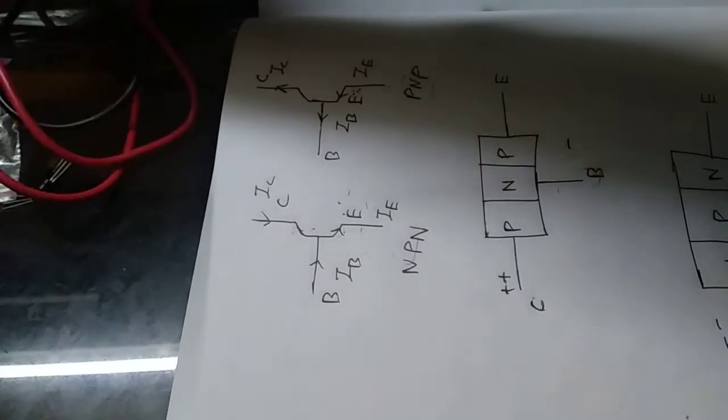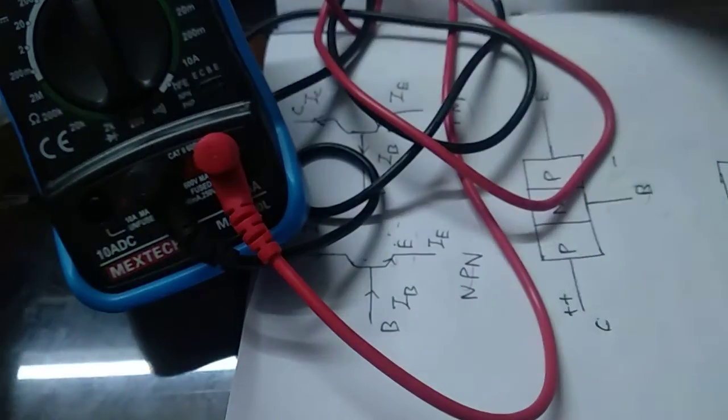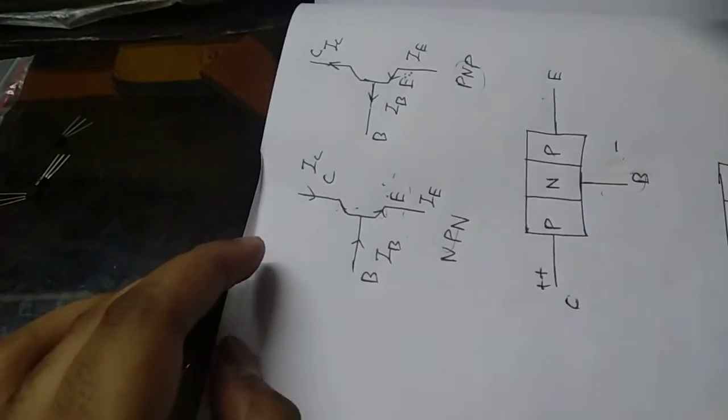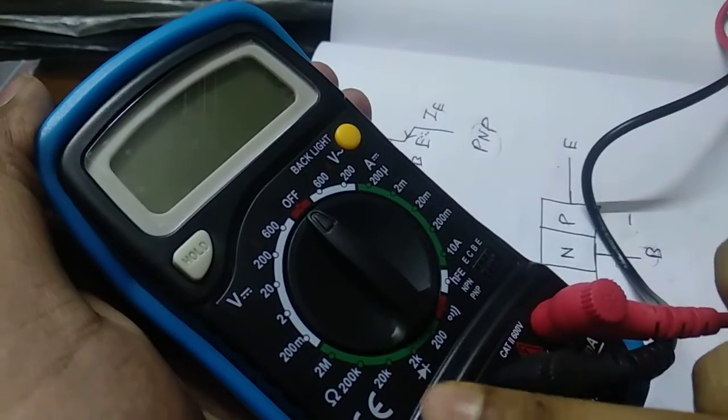Multimeter. Keep the multimeter aside. So first of all, you have to bring the knob to the diode symbol point.